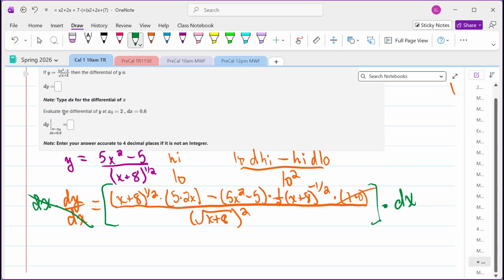Now, the second half where they say evaluate the differential of y at x sub 0 equals 2 and dx equals 0.6. So they're saying everywhere we have an x, put in a 2, and where we have dx, put in 0.6.